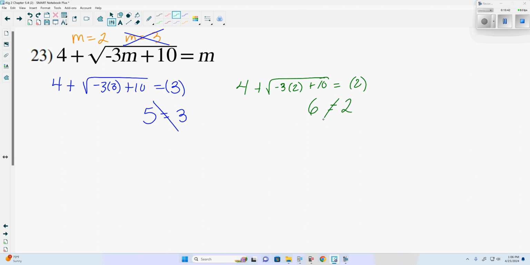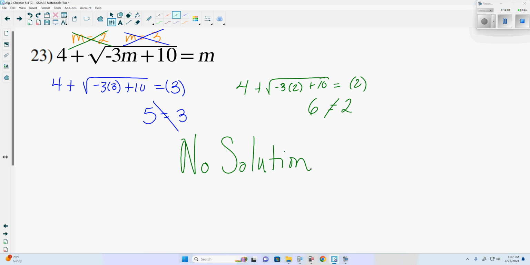So that means m equals 2 is also not a solution, so we have no solution. Questions on this here? So it is possible that we get one that doesn't work at all.